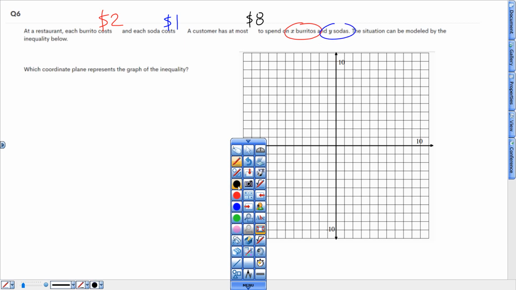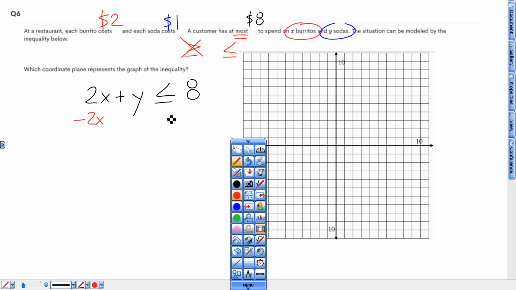So if I write this 2X plus 1Y or just Y, at most, if you look at it, at most is the less than or equal to direction. It's not more than or equal to. That's at least. At most is the less than or equal to direction. Can't have any more than 8. Solve this inequality for y and then graph it.